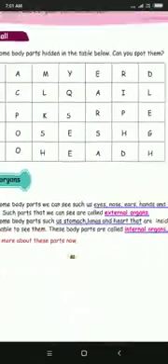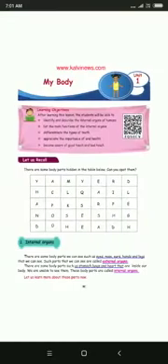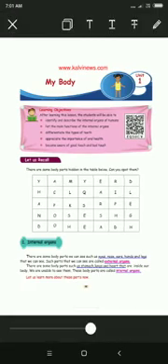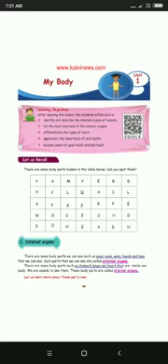So, reading practice. First paragraph, repeat with me. There are some body parts we can see, such as eyes, nose, ears, hands and legs. Such parts that we can see are called external organs.